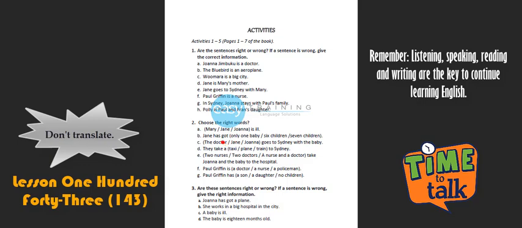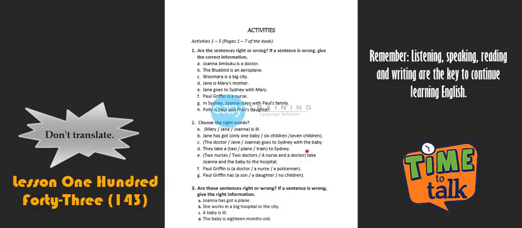Sentence B. Jane has got only one baby, 6 children, or 7 children. You choose the correct words to make a correct sentence. Sentence C. The doctor, Jane, or Joanna goes to Sydney with the baby. Who goes to Sydney with the baby? Is it the doctor? Is it Jane? Or is it Joanna?